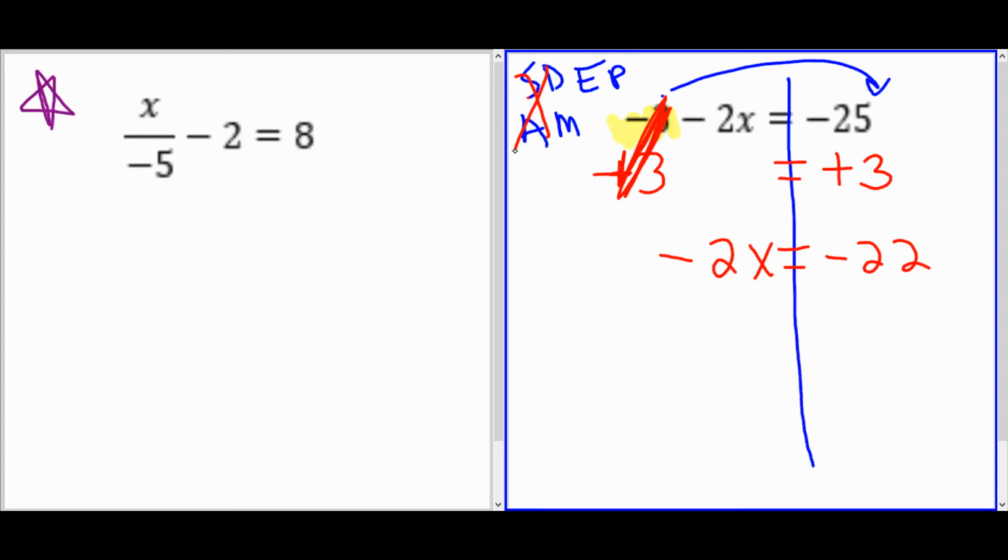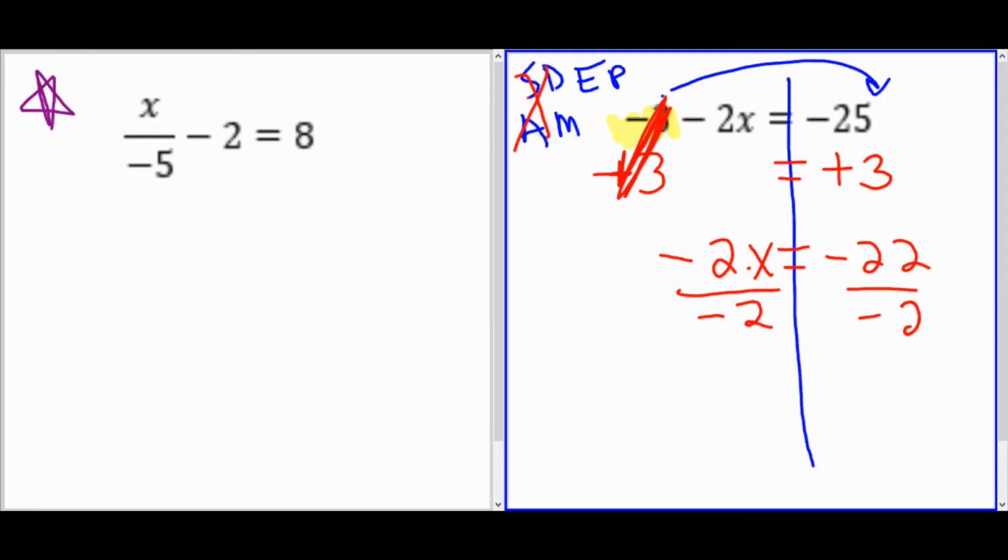Now let's look. Do we have multiplying and dividing? So notice I have -2x equals -22. Remember, a number next to a letter means multiply. So to get rid of multiplying -2 by x, I need to divide everything by -2.